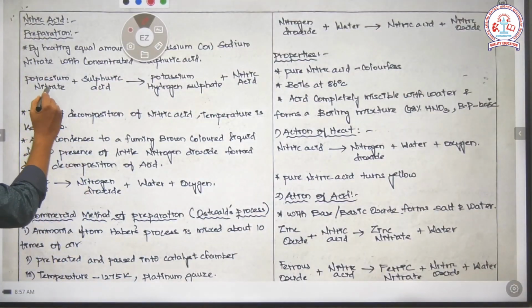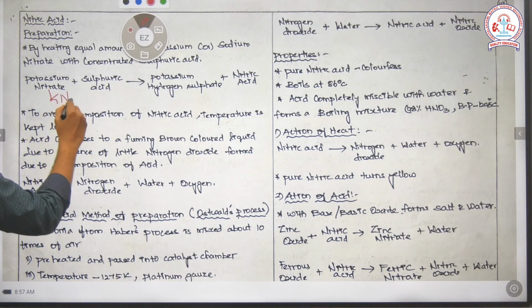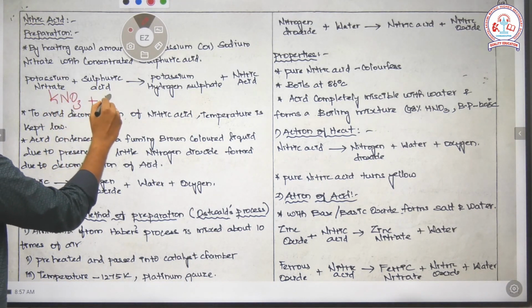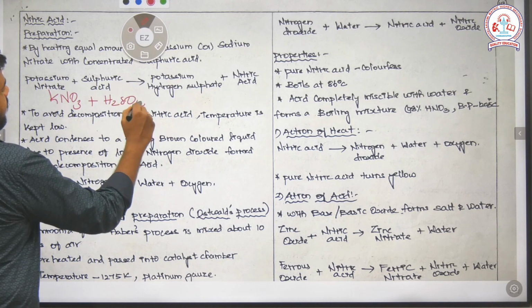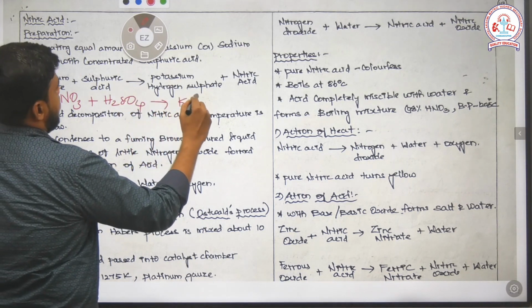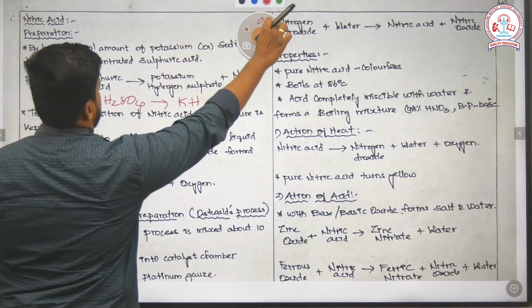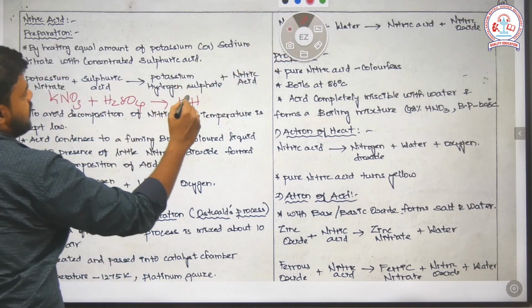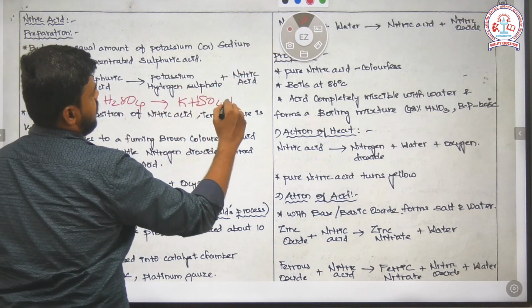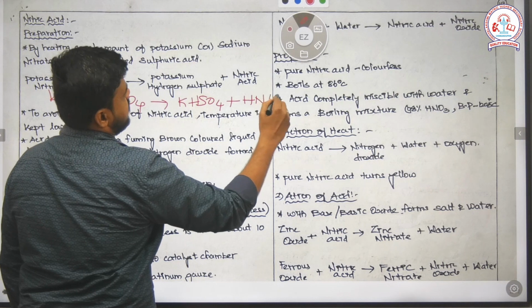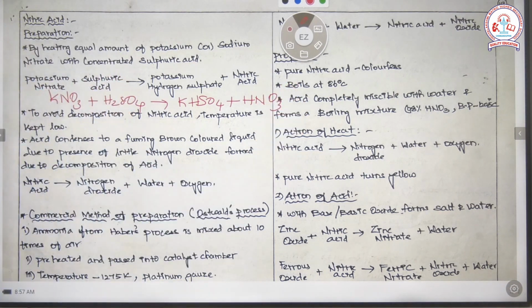See, potassium nitrate KNO3 reacts with H2SO4, gives KHSO4 plus HNO3. Okay, so this is how the reaction goes.